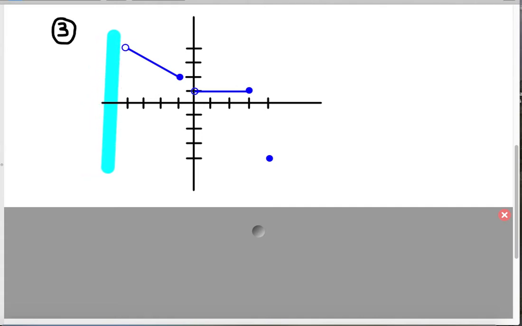So as I'm running this across, it doesn't beep because that's an open circle, but then it starts beeping, and then it stops, and then it starts beeping again here, and then it'll stop, and then it beeps one more quick time, and then it doesn't beep anymore.